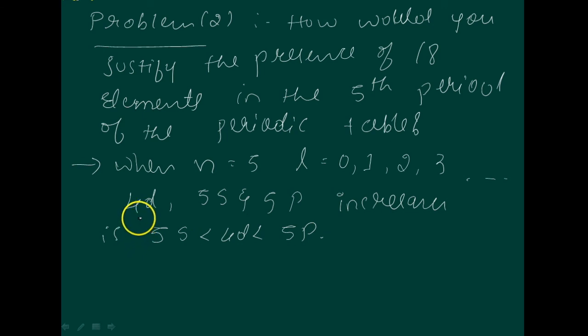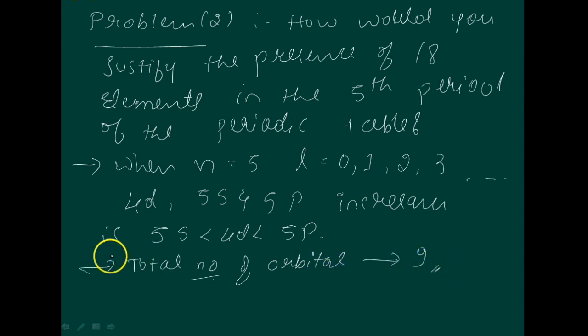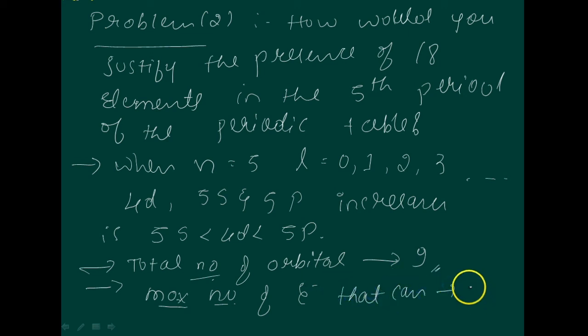The total number of orbitals available is 9. The maximum number of electrons that can be accommodated is 18, and therefore 18 elements are present in the fifth period.